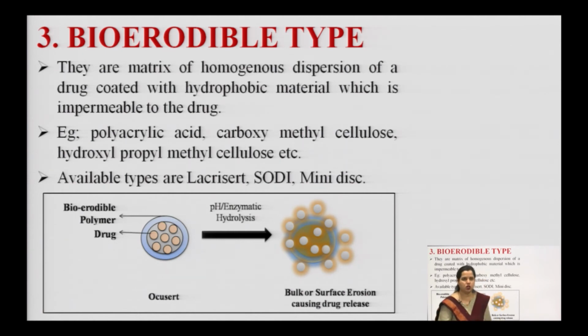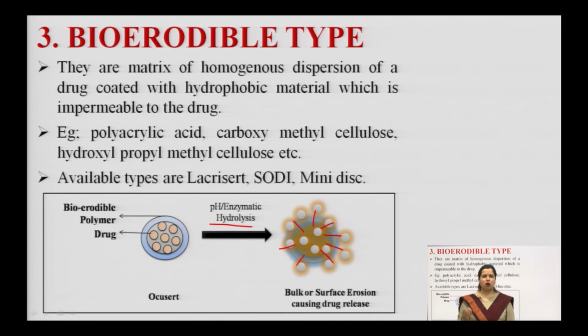So, you see the picture where it is shown the bioerodible polymer drug. It is the Ocusert where the drug is kept inside the shell, and this is the bioerodible polymer coating layer, right. Once it is applied to the eye, due to pH and enzymatic effect or hydrolysis, the drug starts diffusing out from the Ocusert in a slow manner, and the mechanism of drug release here is erosion.